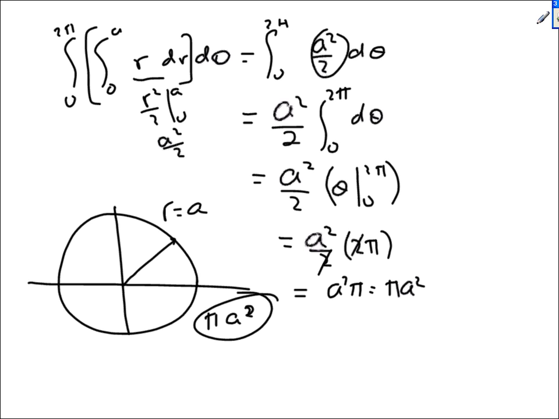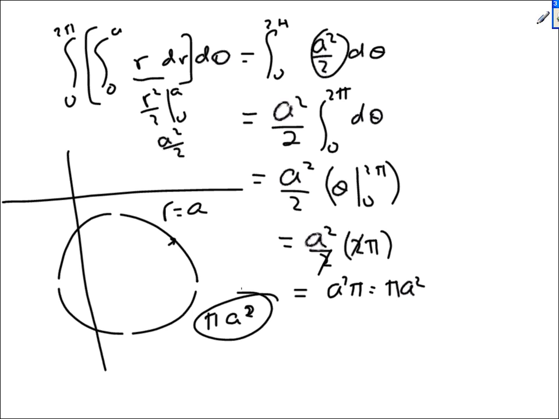Now you may say, but you only found the area if it's centered at the origin. Well, the area of the circle that remains on the board is fixed. The area is pi a squared. If I move the origin up there, is this area still not pi a squared?